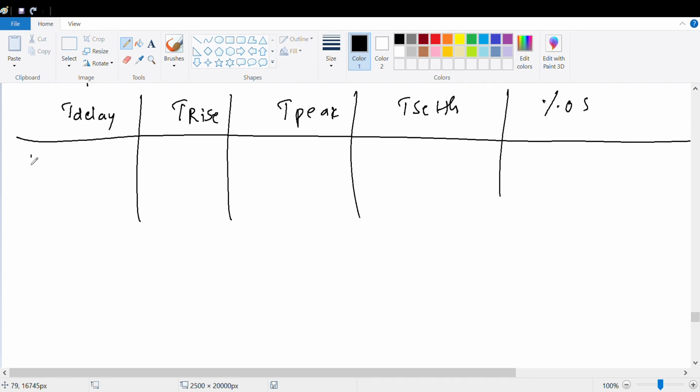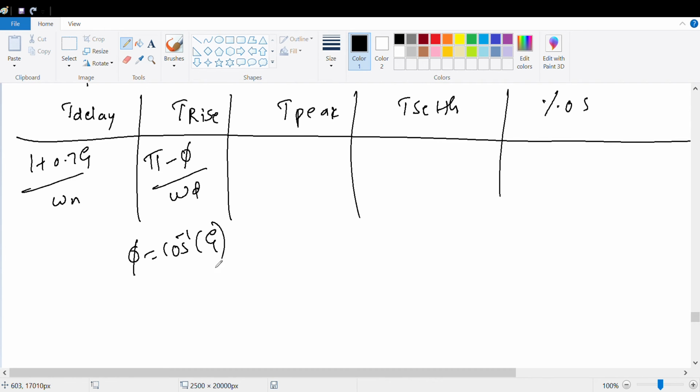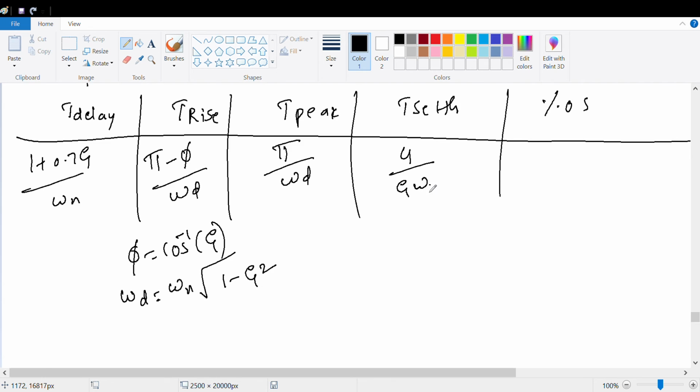Delay time is 1 plus 0.7 zeta by omega n. Rise time is pi minus phi by omega d, where phi is cos inverse zeta. Peak time is pi by omega d, where omega d is omega n, the natural frequency, times square root of 1 minus zeta square. Settling time is 4 by zeta omega n. And peak overshoot is e power minus zeta pi by square root of 1 minus zeta square.